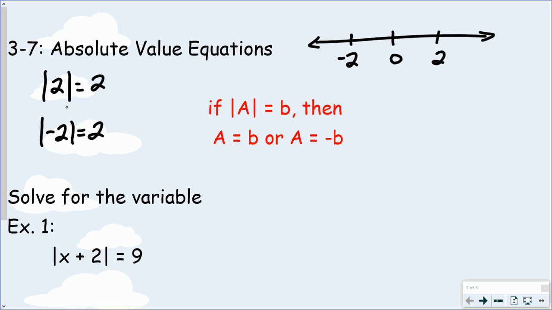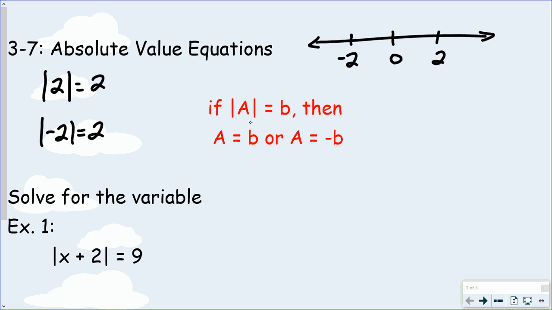The way that I think of it is whatever you put inside the absolute value bars, you always get a positive value out. You will never get a negative value out of this. You plug in a negative number, you get a positive number out. Plug in a positive number, you get a positive number out. So this is the basis of what we're going to do here in red.